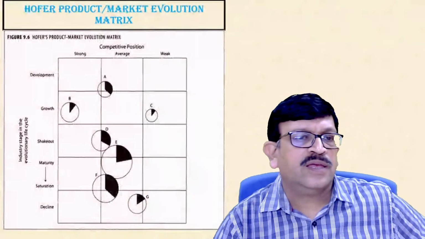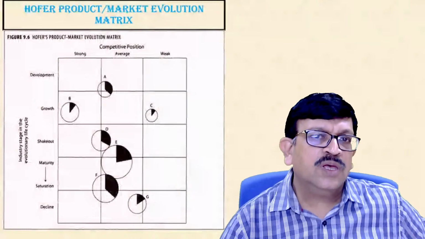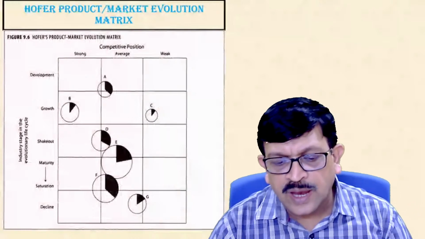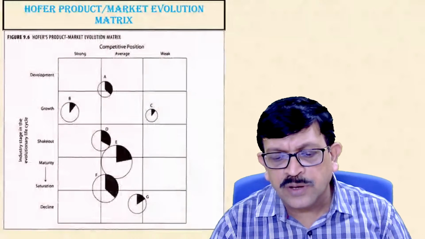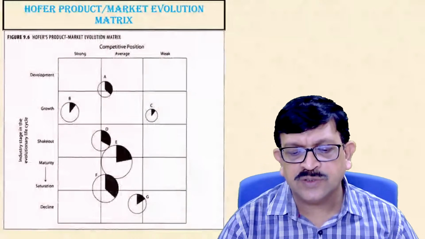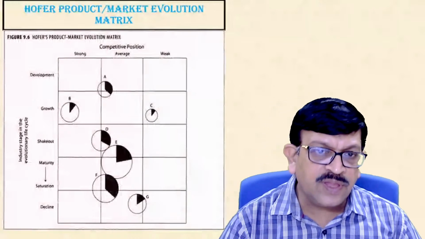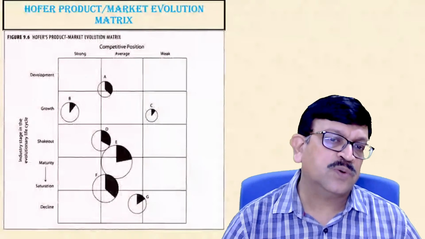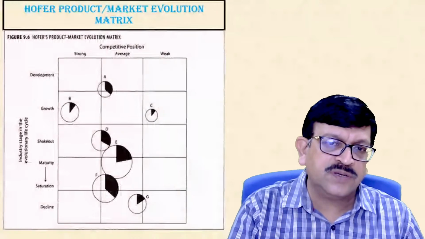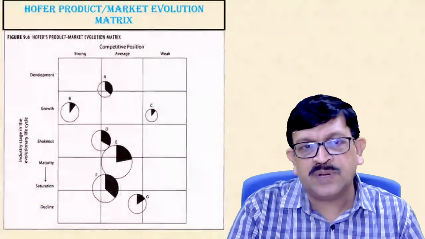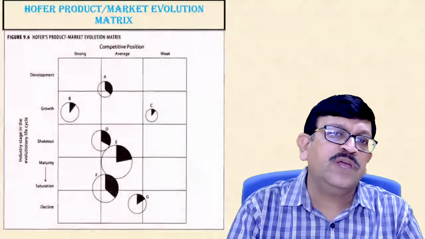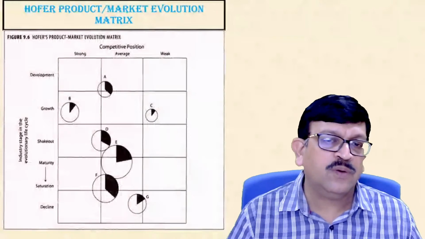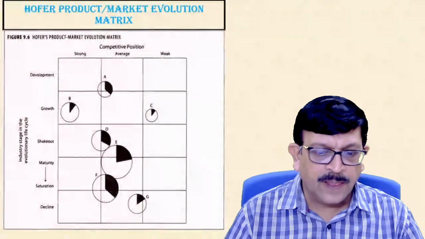So though it is in growth, it is weak. You can look into a careful formulation of marketing strategies to be more competitive. Because it's in the growth phase, if you invest effectively it can come up, but that depends on how your resources are allocated.